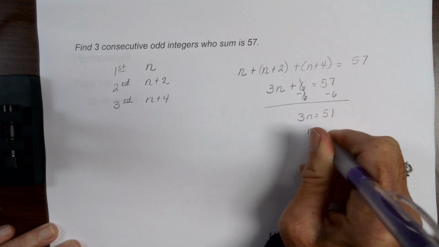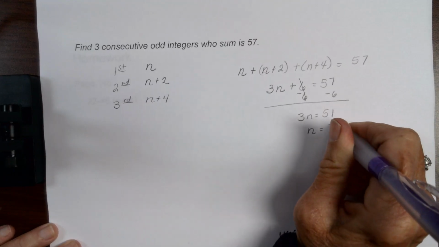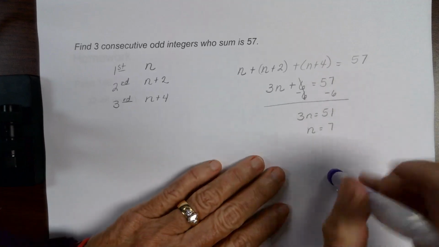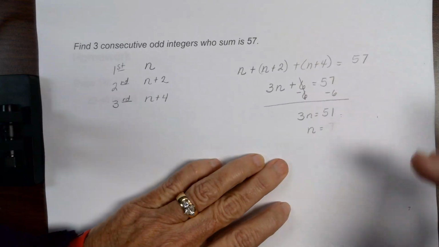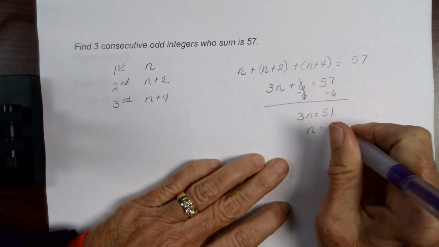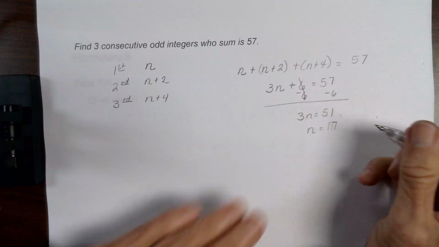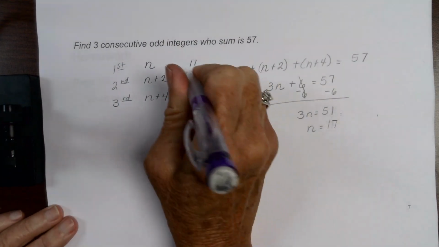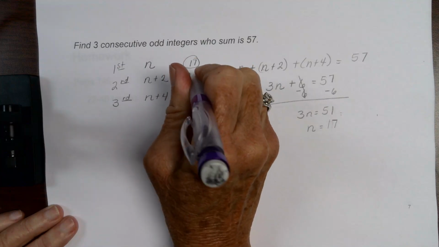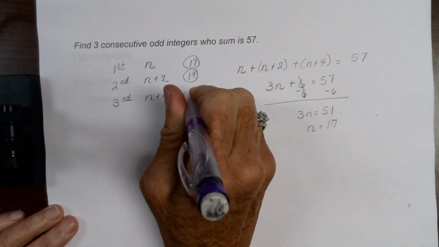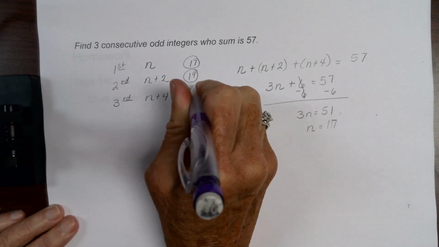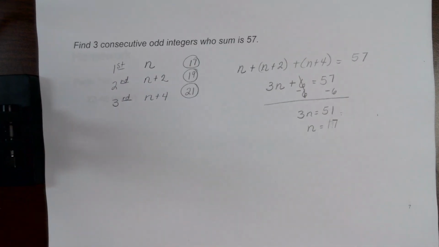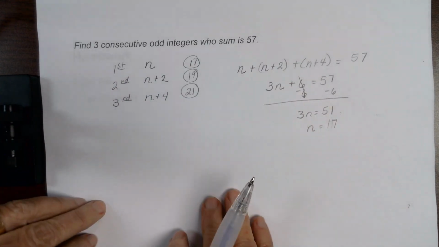When I divide by 3, I'm going to get a 7. Not 7. How about 17? So my first integer is 17, my second integer is 19, and my third odd integer is going to be 21. If I add those 3 odd integers together, I'm going to get 57.